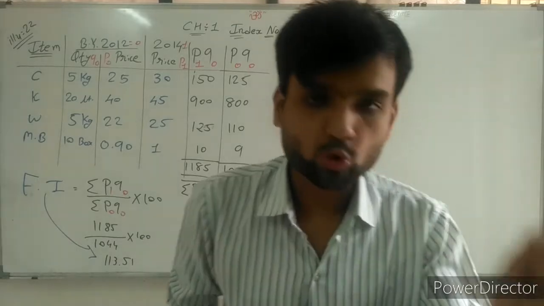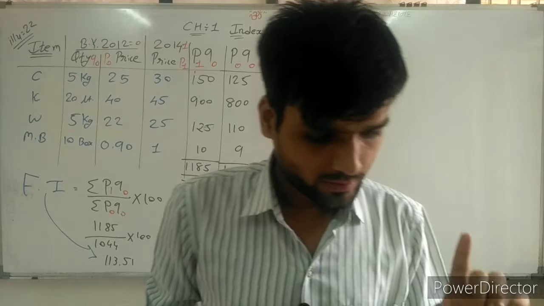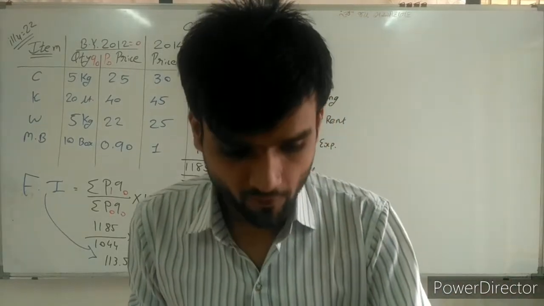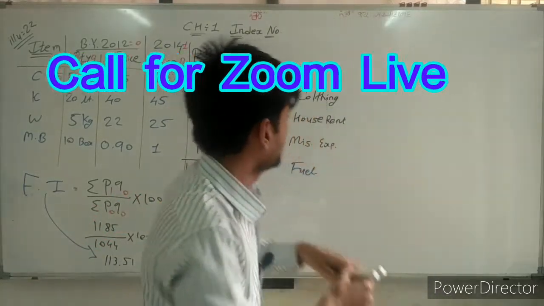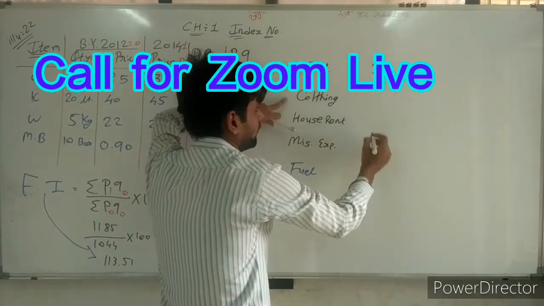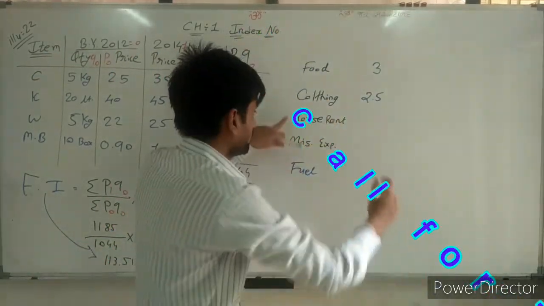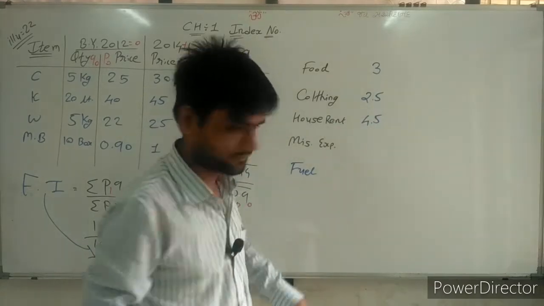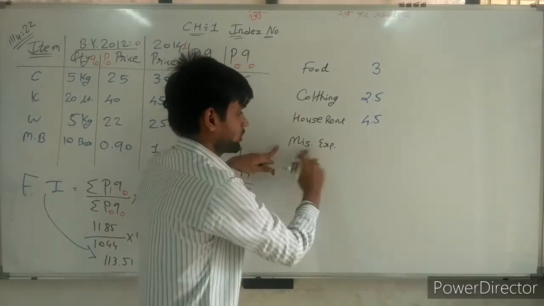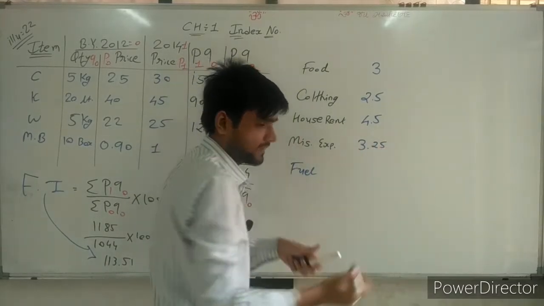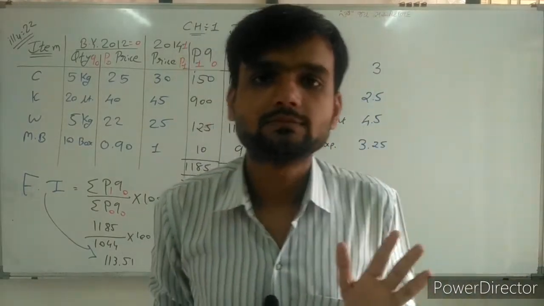Going ahead. So total expenditure on these items in the year 2015 are 3, 2.5, so for food 3, for clothing 2.5, 4.5 house rent, and 3.25 miscellaneous, times respectively.